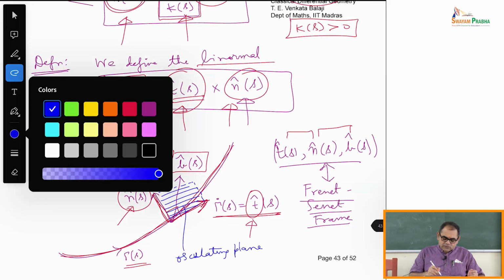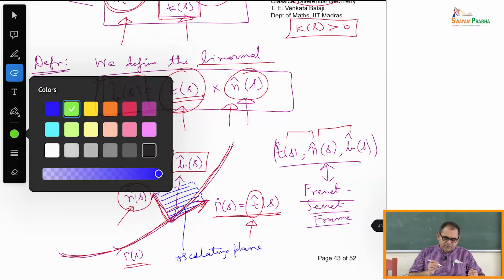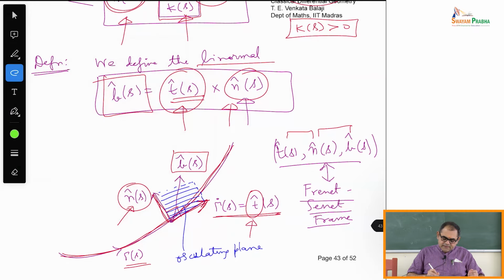You see this green thing is the normal, and then you have the binormal again here, and then there is a plane like this. That plane contains both the normal and the binormal. So this plane is called the normal plane.